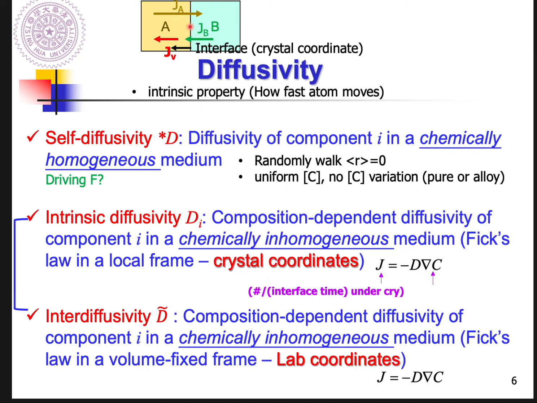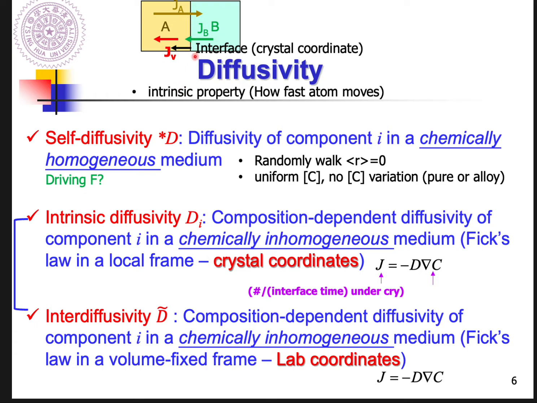For the intrinsic diffusivity, you stand on the crystal coordinate, and during the diffusion, you are going to move along with this interface, right? And for the interdiffusivity, you stand outside of the material system, so then you also get the atomic flux. So this diffusivity, you call it interdiffusivity.